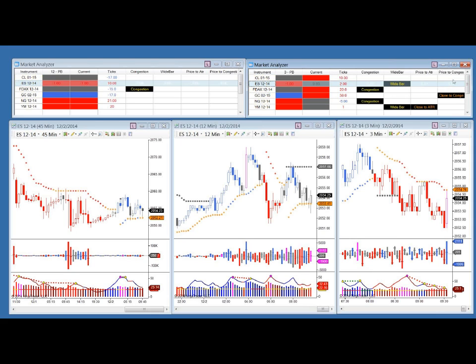Now, I want y'all to look at how many of these signals are going off, okay? Because that's how many trades you have to look at throughout the day. That's 1, 2, 3 so far. 4. 5.